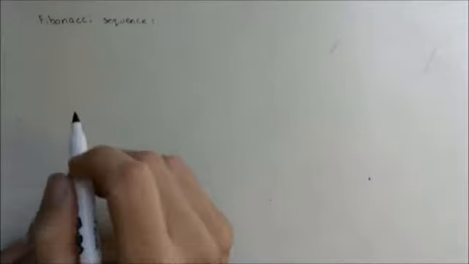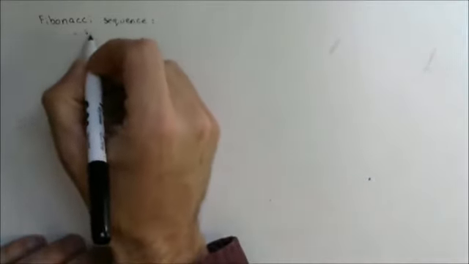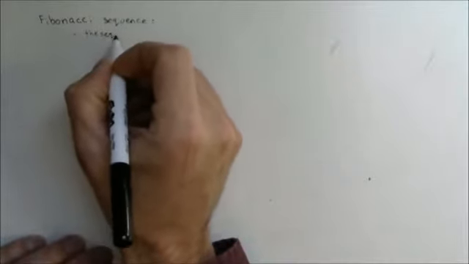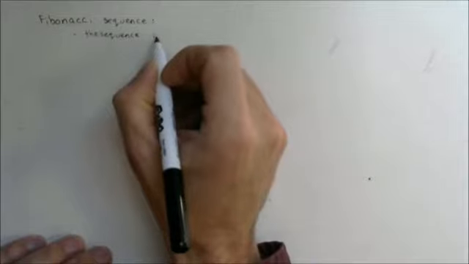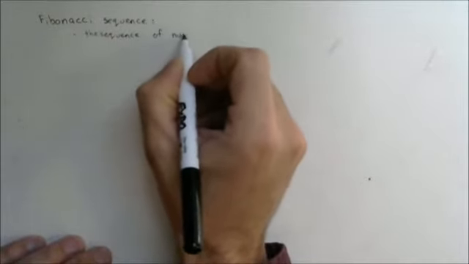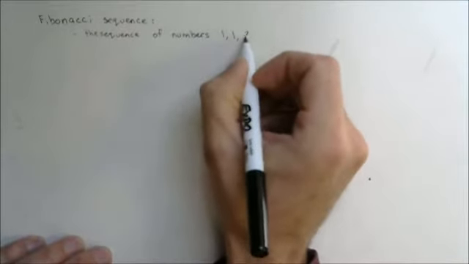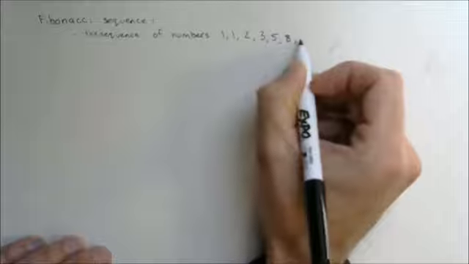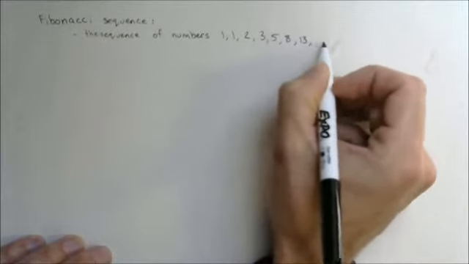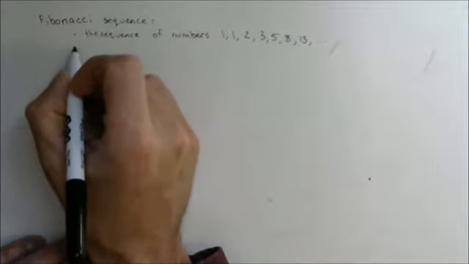Anyway, the Fibonacci sequence, 2 notes. The sequence of numbers, 1, 1, 2, 3, 5, 8, 13, ... And how did we get there?